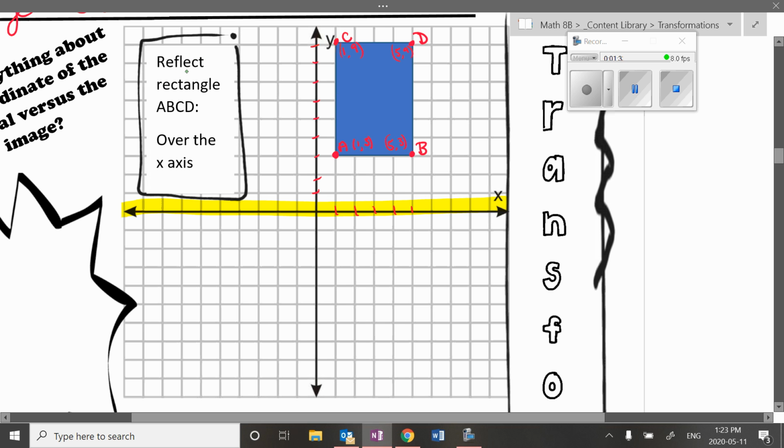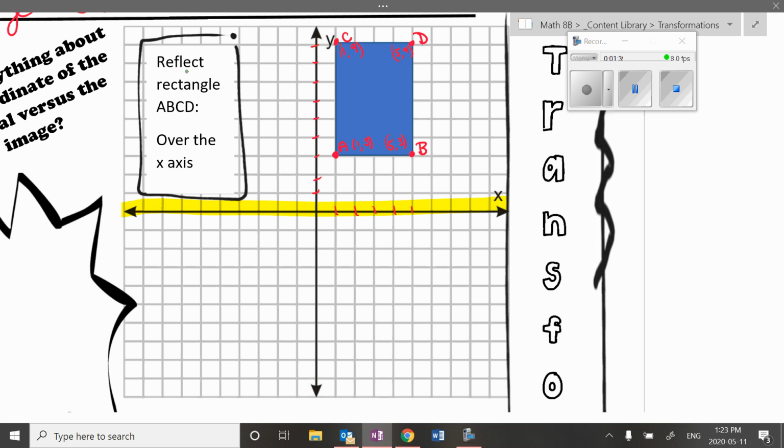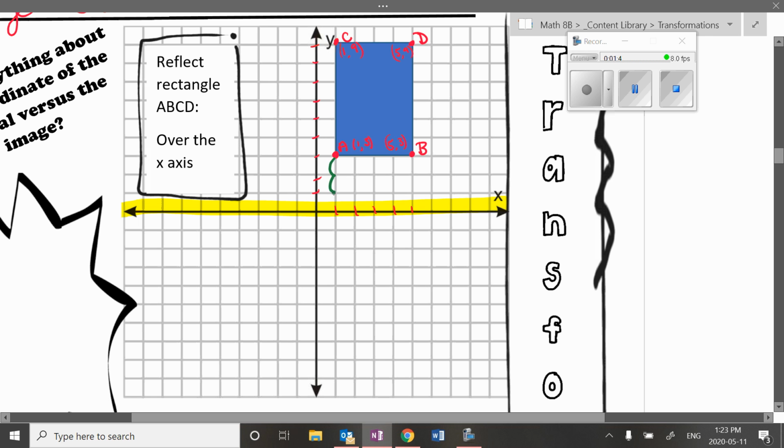When we do our reflection, you want to count how many away each point is from the line you're reflecting over. So, for example, A is currently 3 away, so A prime will also be 3 away. B, same idea, 3 away, so now it's going to be 3 below. B prime.